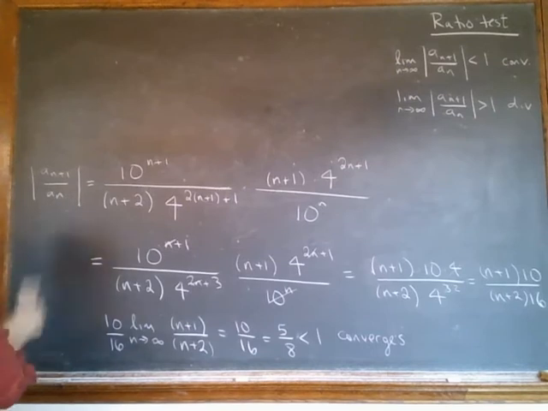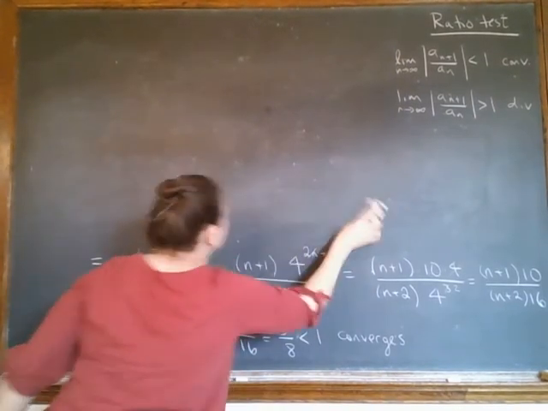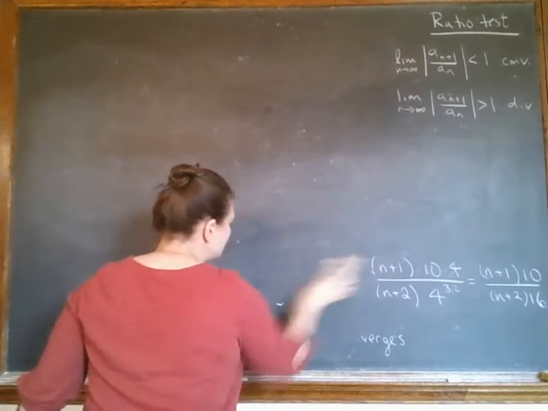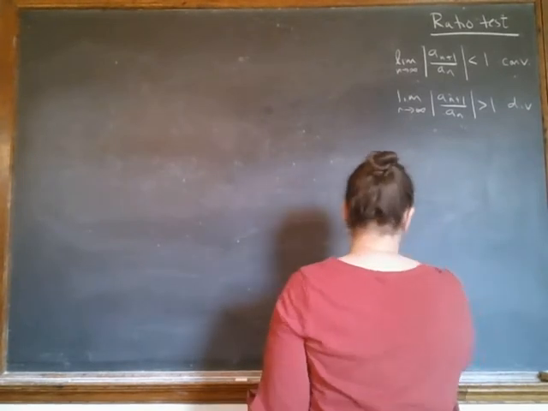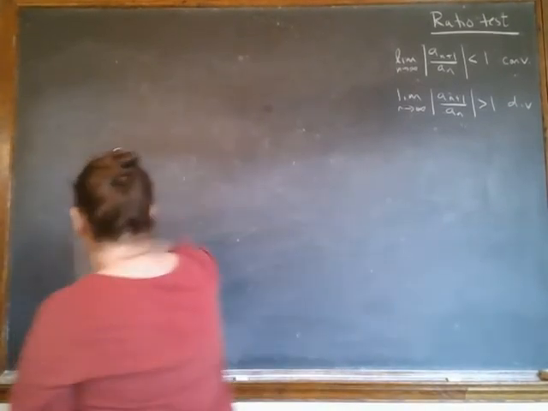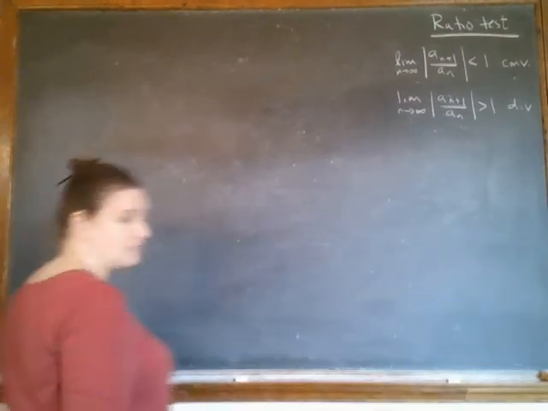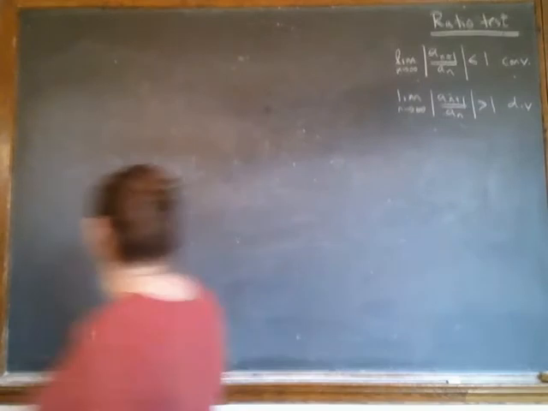Now, one thing we haven't done yet is an example with a factorial, and the ratio test is particularly good with factorials. So I'm going to do a couple of examples with some factorials.